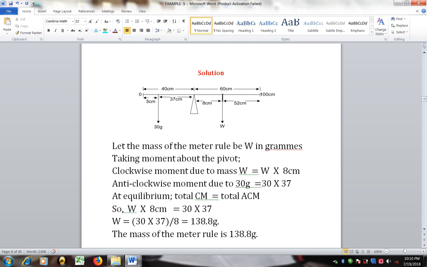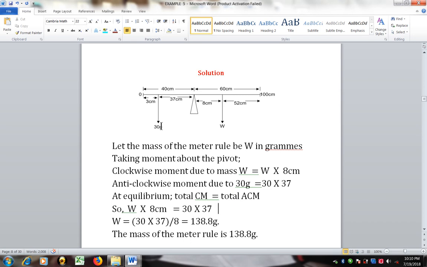Again, note that the first balance point is the point where the weight of the meter rule actually acts. Then we add the next balance point when the 30 gram mass was introduced.